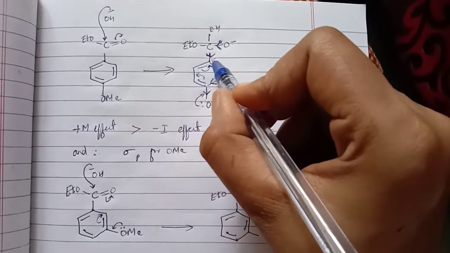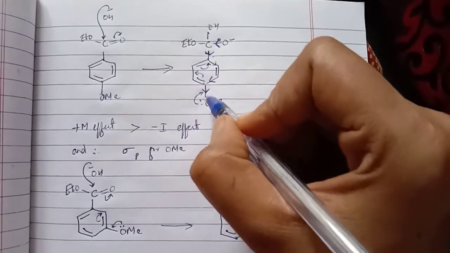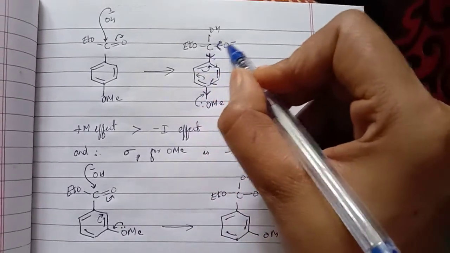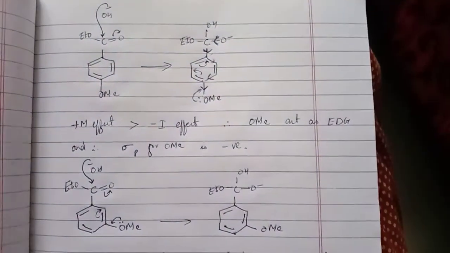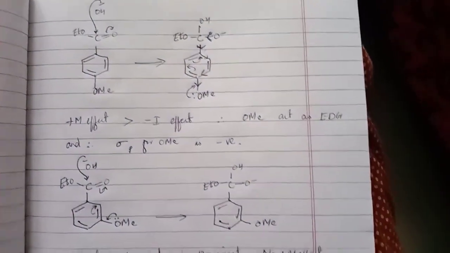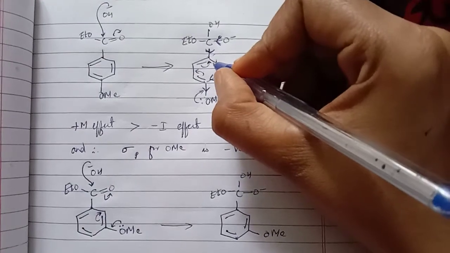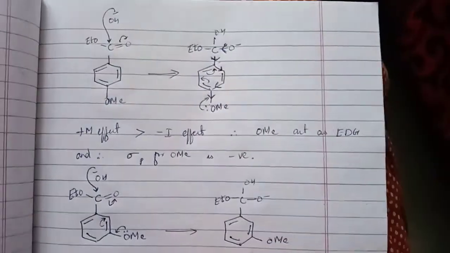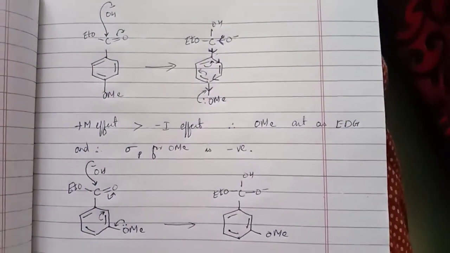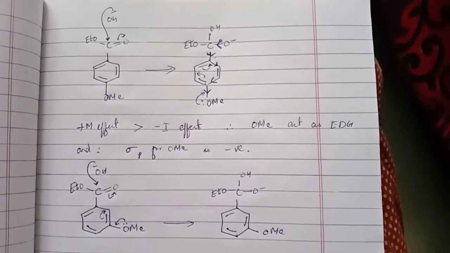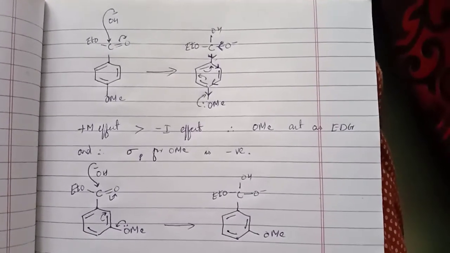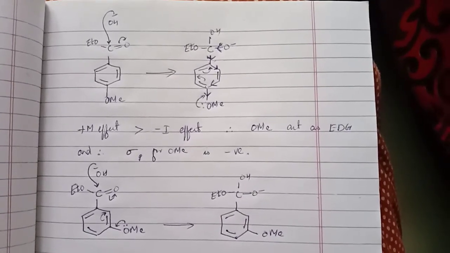This side shows the plus M effect and this side shows the minus I effect. When you look at this, it will be a little bit confusing. That is why I didn't draw the minus I effect at first. The plus M effect is destabilizing the tetrahedral intermediate. The minus I effect stabilizes the tetrahedral intermediate.